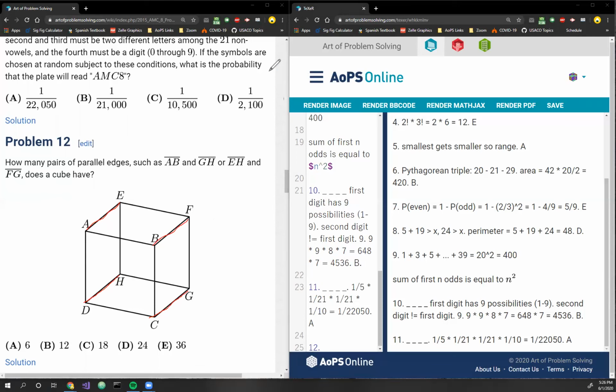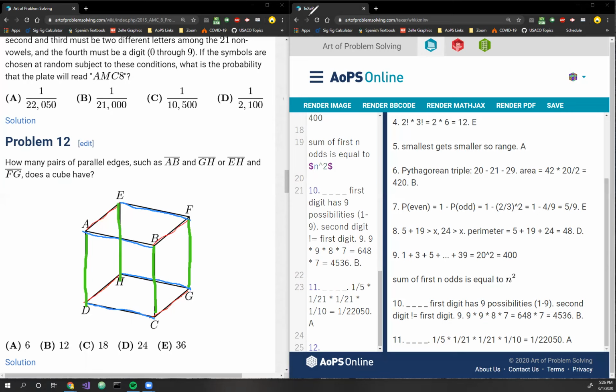Similarly, if we choose any 2 blue edges, those are parallel as well. The last one is the green edges. If we choose any 2 green edges, they are parallel. So we consider these separately.